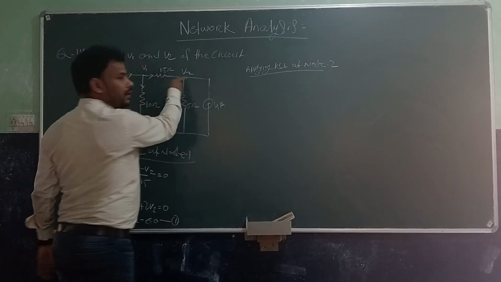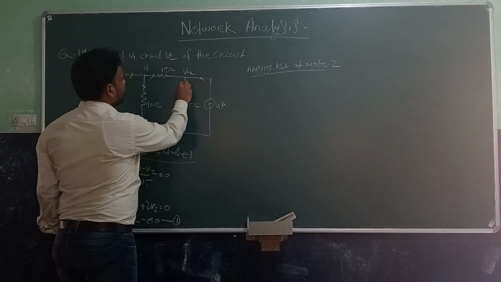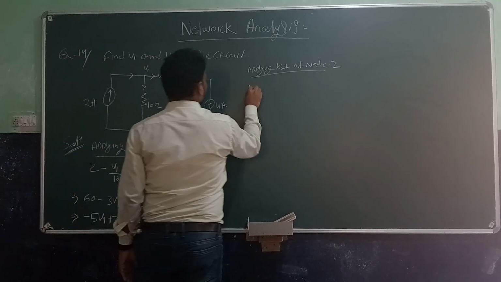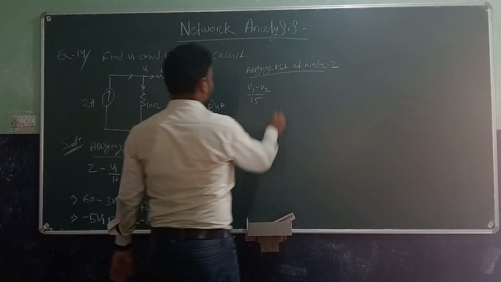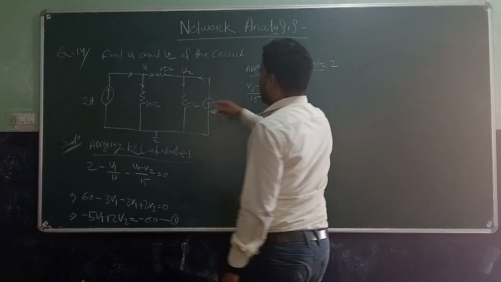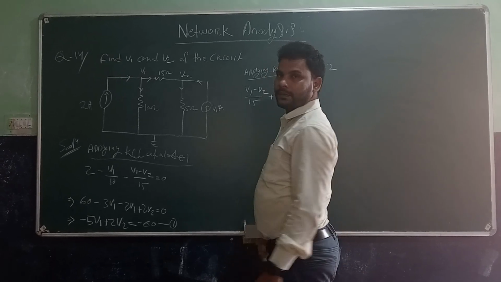Here current already marked in this diagram. Here already given. Here left this is flowing downward. So V1 minus V2 by 15 entering plus 4 ampere entering, and this current is leaving. So this current is V2 by 5.